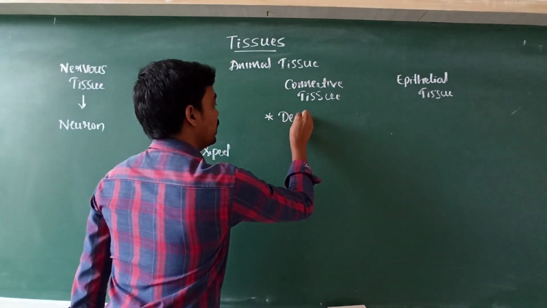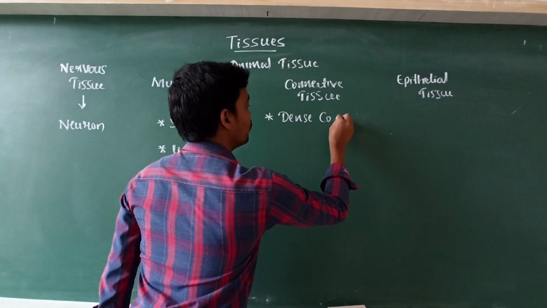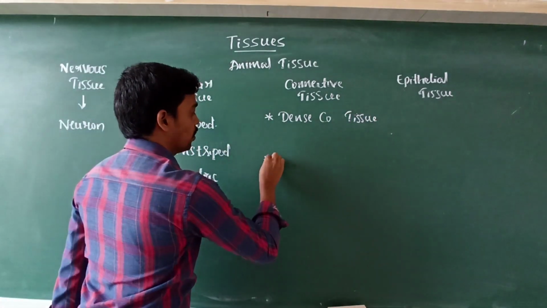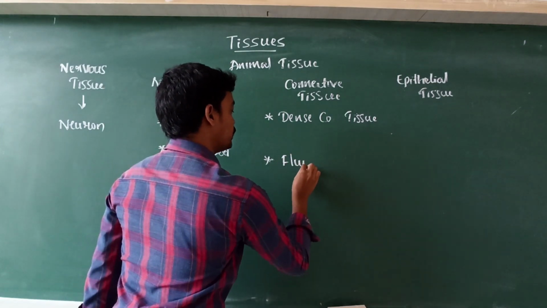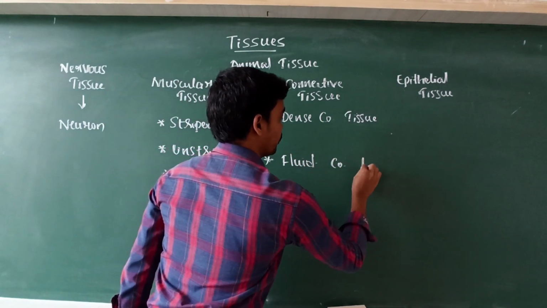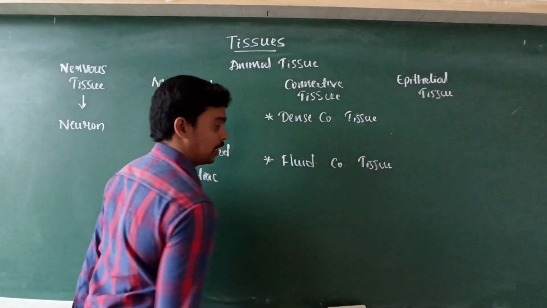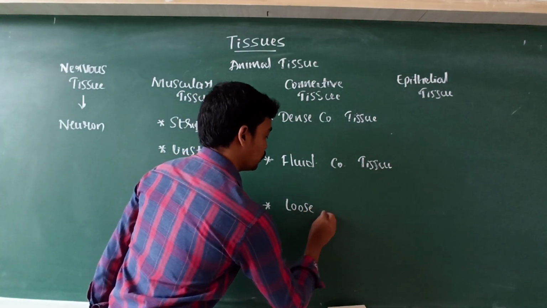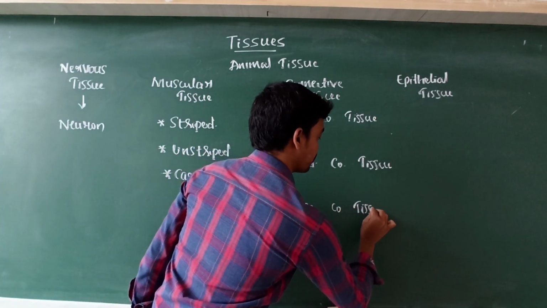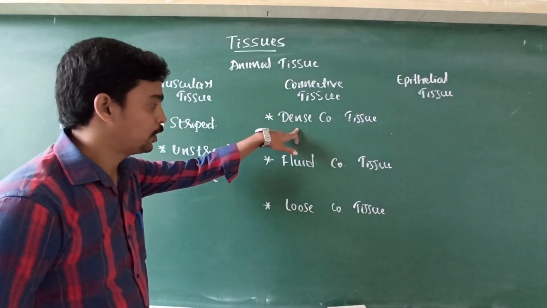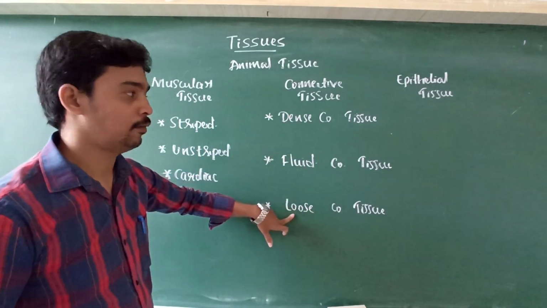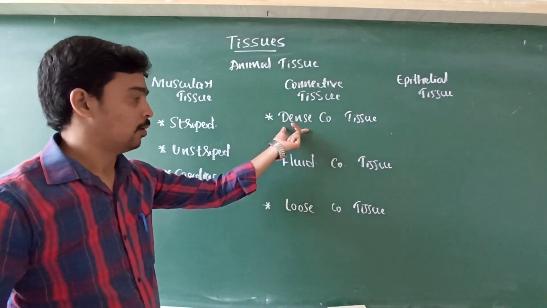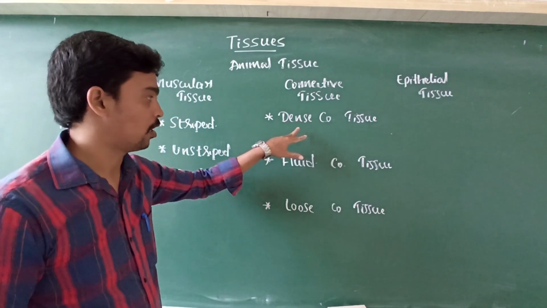The first one is dense connective tissue, next fluid connective tissue, and then loose connective tissue. It is based on the type of the matrix. In the next classes we are going to discuss that concept.